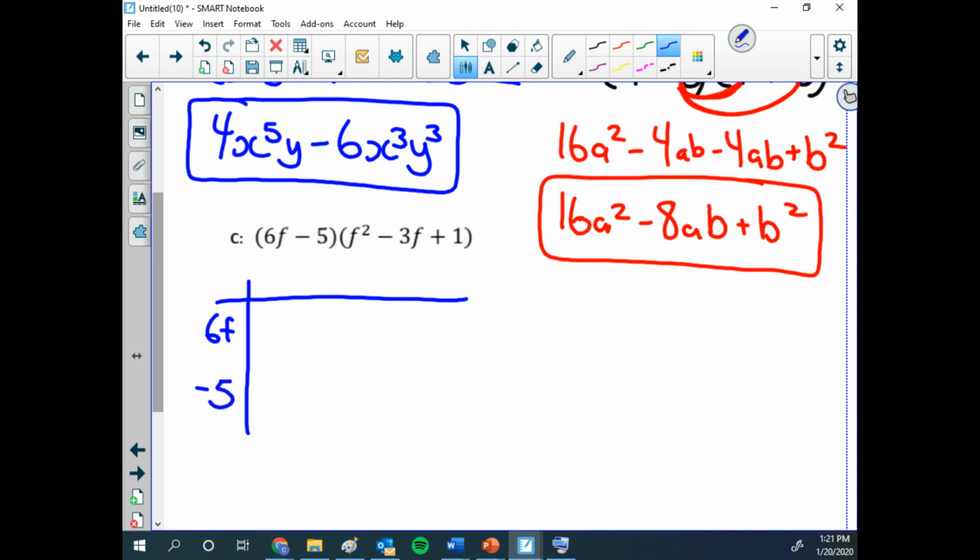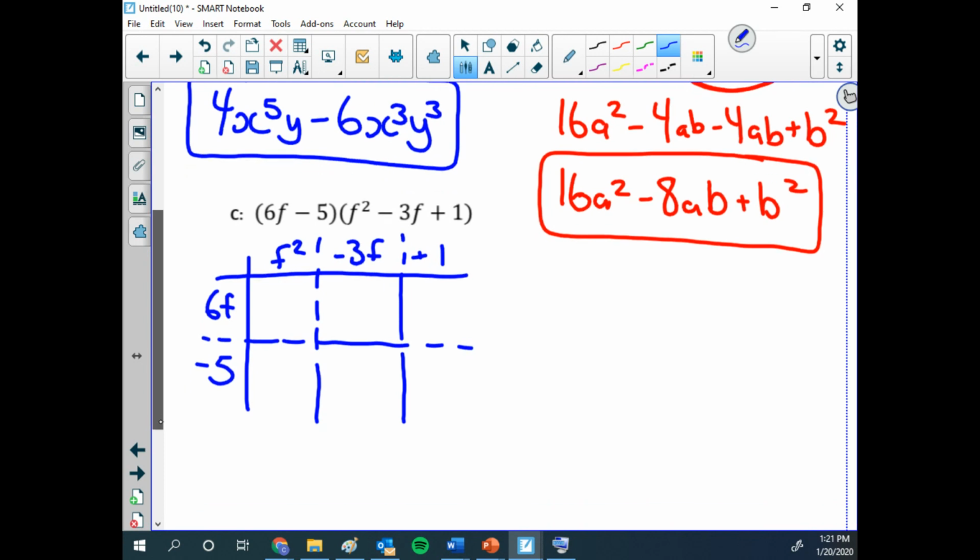So I break up my binomial or trinomial or polynomial into its terms. So that's the 6f minus 5, and I'll do the f squared minus 3f plus 1. And now that I've set that up like that, I can just see that each term is going to multiply to every other term just inside of the grid that I have set up.